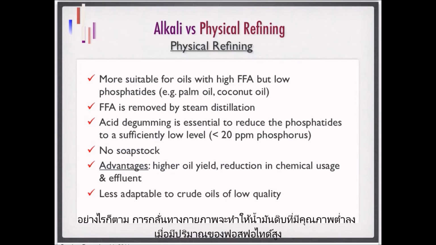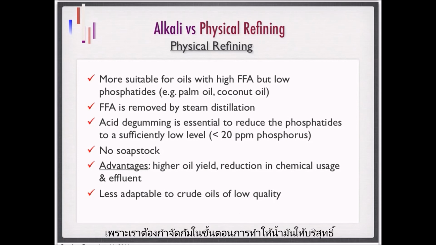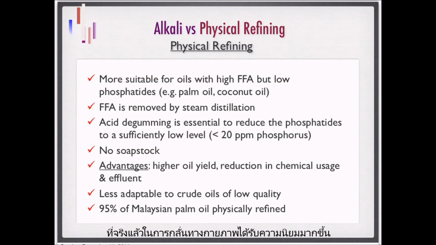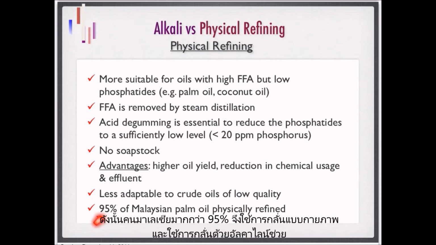However, physical refining is said to be less adaptable to crude oils of low quality, which contain a high amount of phosphatides, because we need to remove the gums in the degumming process, which can increase the losses of the oil. In Malaysia, physical refining is more popular. More than 95% of Malaysian palm oil uses physical refining as opposed to alkali refining.